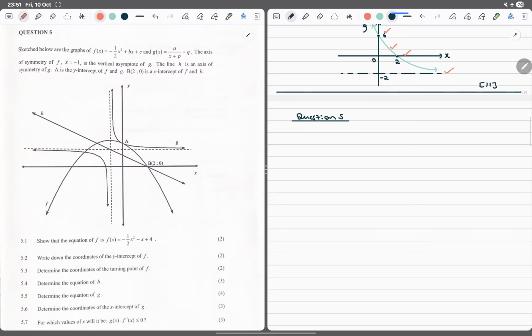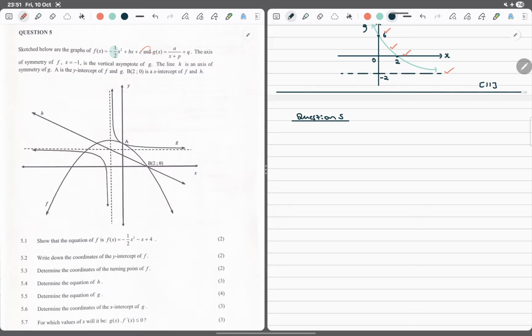Okay, so we're given that sketched below are graphs of f, which is minus x squared plus bx plus c. But now by looking at the coefficient of our highest power x squared, if it is negative, this is a grumpy face parabola, and we can see that. And of course, this being a proper fraction, the gradients are largely gentle, not as steep, okay?